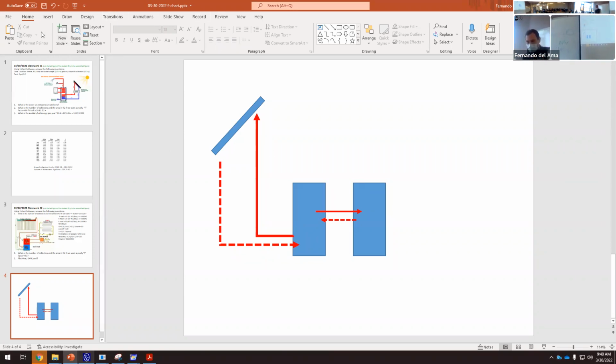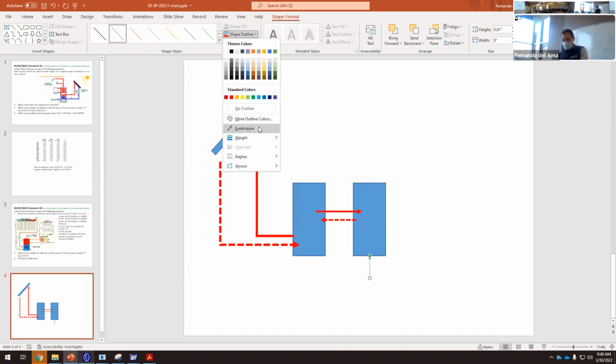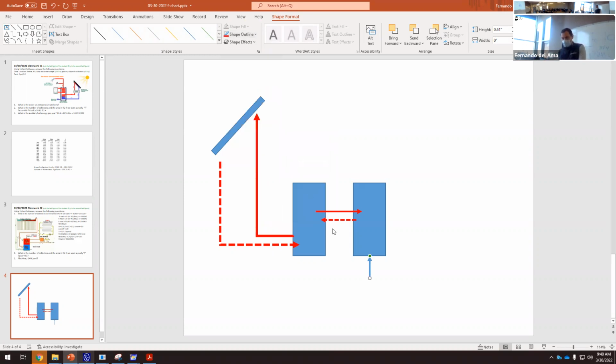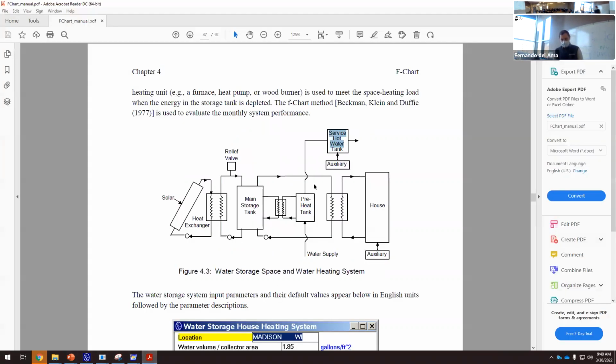On the other hand, we have the water supply here. This water supply is cold, so this is not red. This is the water supply to this tank. And then from this one, what else?